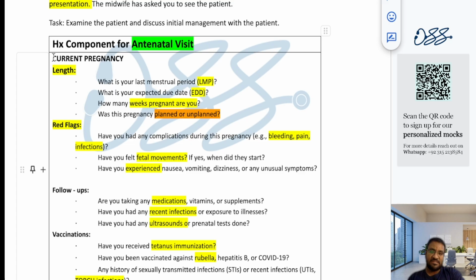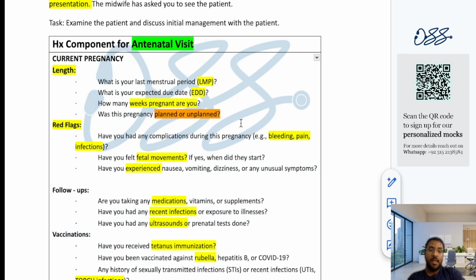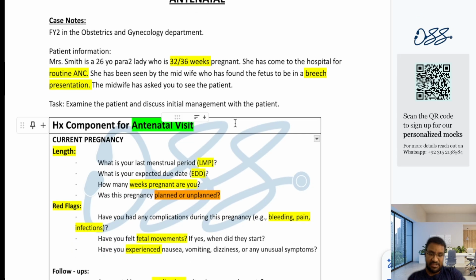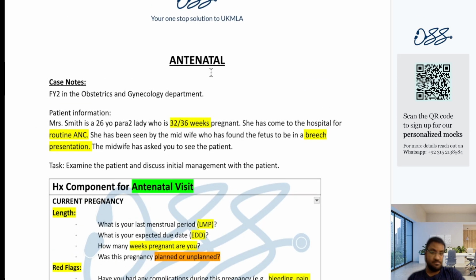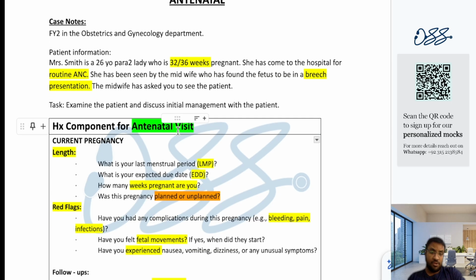You may have to ask some aspects of these particular questions that I just highlighted, that I just shaded. But it's typically a counseling station. It's not a history based station, like the one that I've shared with you over here. So I'm not teaching it right now. It is something that I will touch upon in the counseling structures.